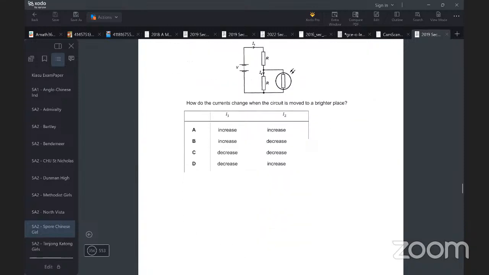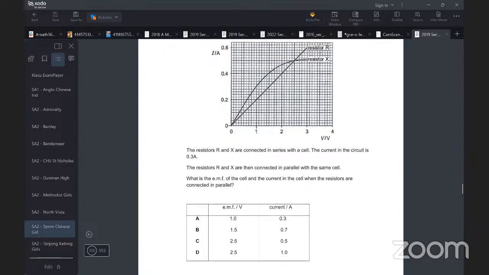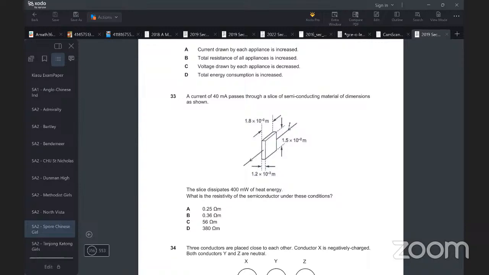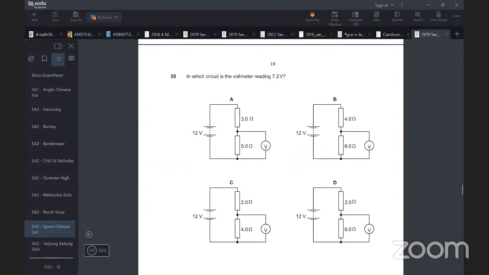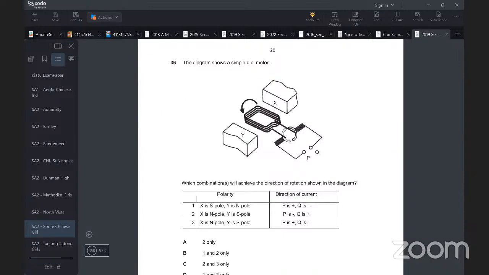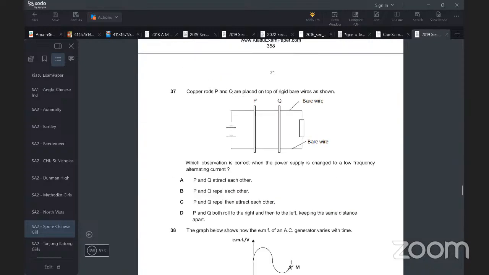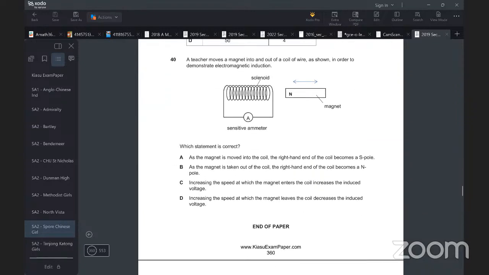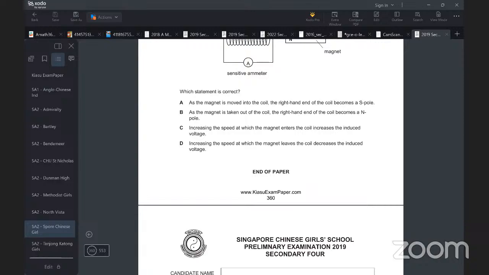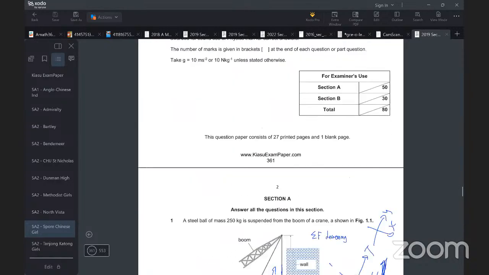So starting then, 30, 31, electricity, 32, electricity, 33, electricity, 34, static, 35, circuit, 36, your induction, then 37, 38, 39, 40. So that's slightly more than 1/4 of Sec 4 physics, something like that. If you count the wave, it's even more. But we're ignoring MCQ. Now let's go to paper 2.